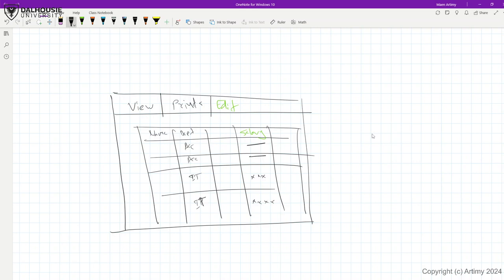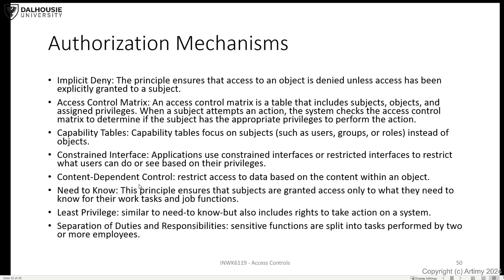Nothing shows up, because this person who logged into this application is the manager of the IT department, but they don't have access, or they shouldn't have access, to the accounting department salaries. They see only their own employee salary. So this is an example of content dependent control.